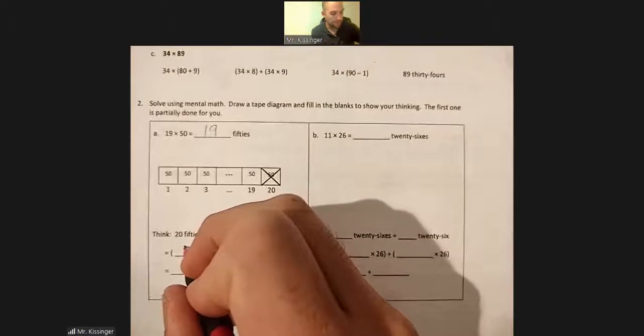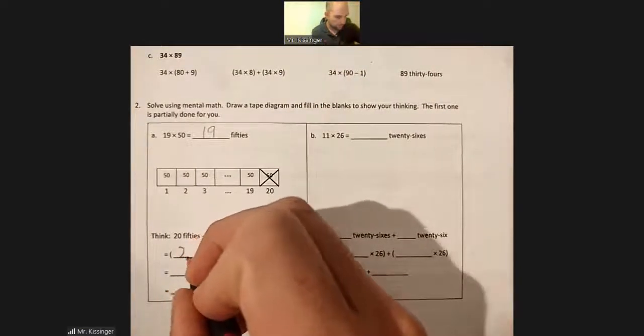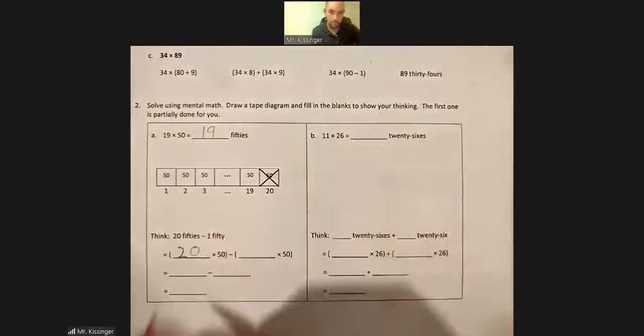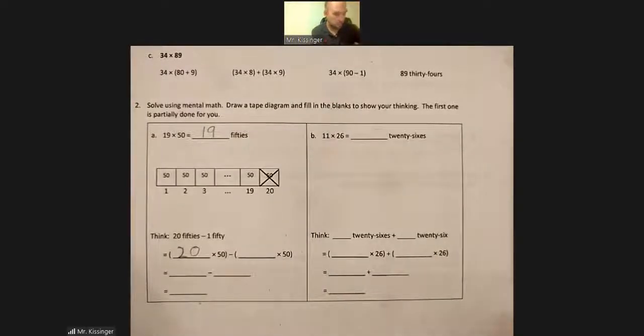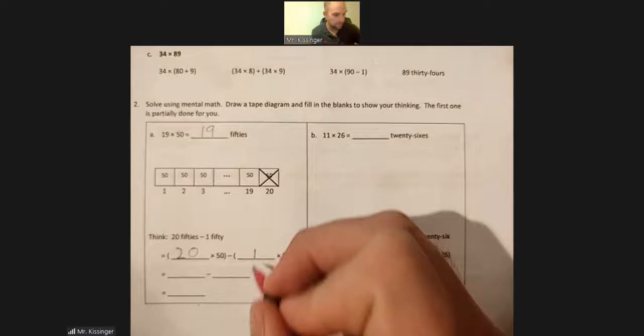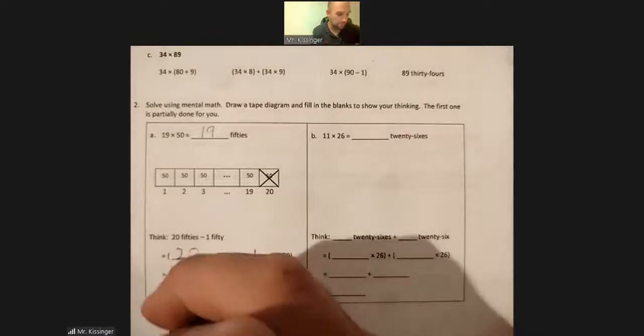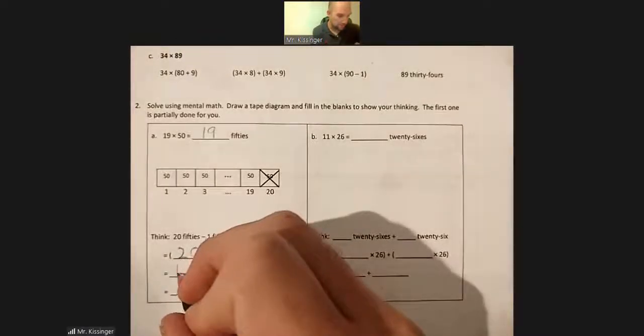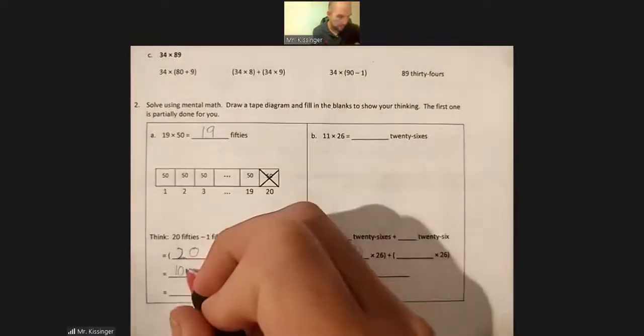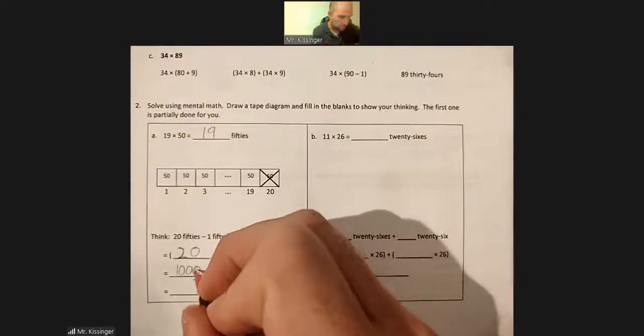So we'll do 20 times 50 minus 1 times 50. That makes our multiplication a little bit easier. 20 times 50, 2 times 5 is 10. Then we need to add 2 more zeros.